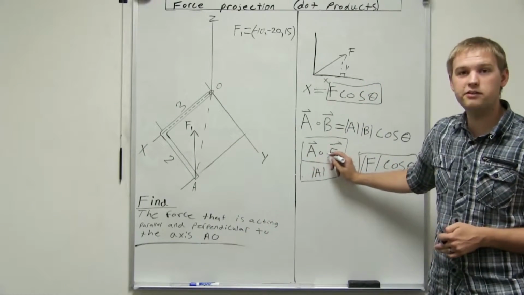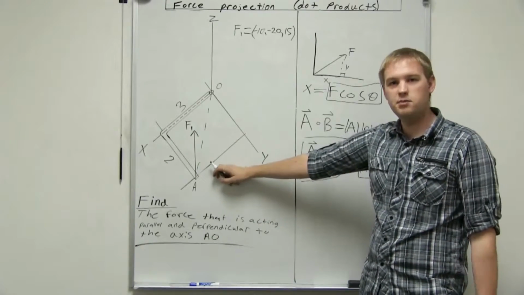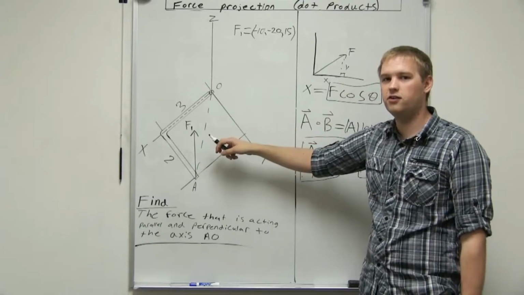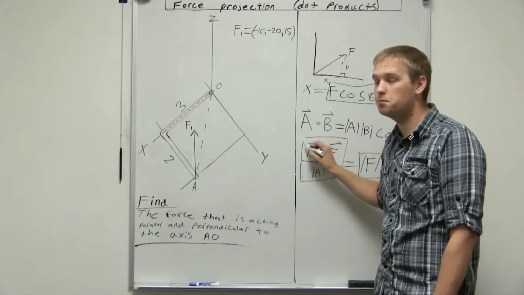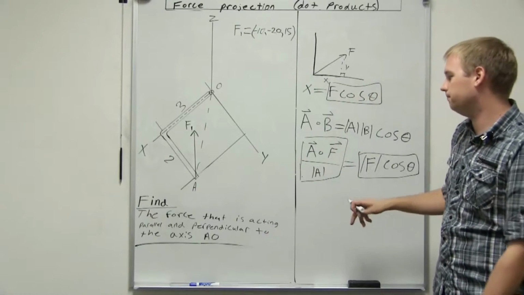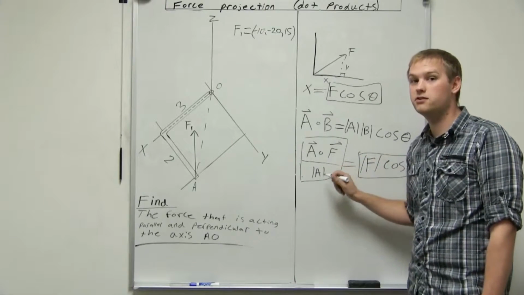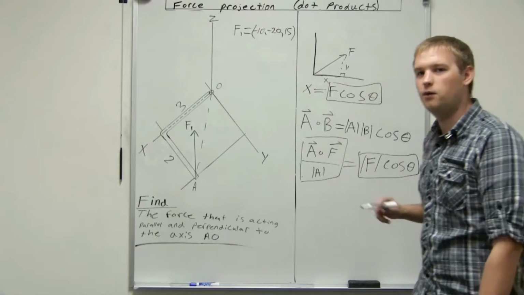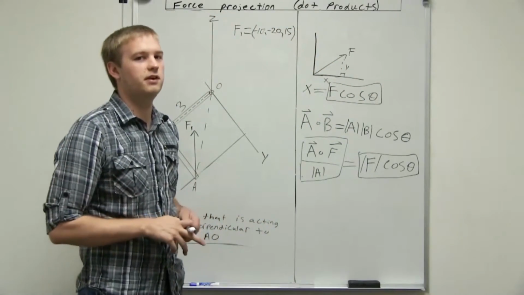Okay, so the only question now is, what is this A? Well, the A is going to be the position vector of this right here. This A is going to be the position vector of our axis. And this is going to be the magnitude of the position vector of our axis. Well, what happens when you divide a position vector by the magnitude of a position vector?